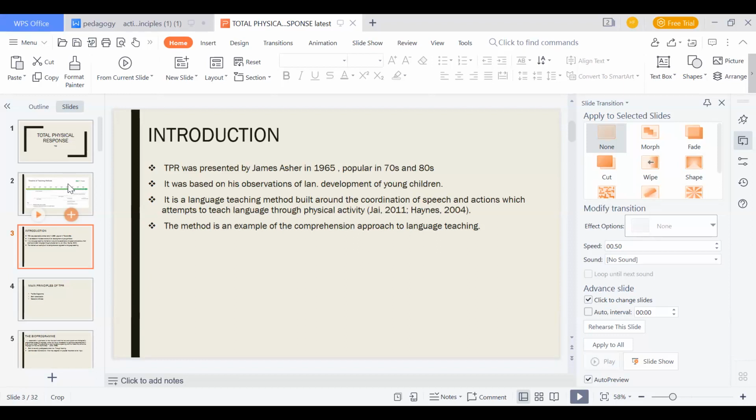By listening first, madam, then imitate. Speak up, I couldn't hear you. First they will listen, madam. By listening, yes. Then after listening, they imitate. Okay, agree.